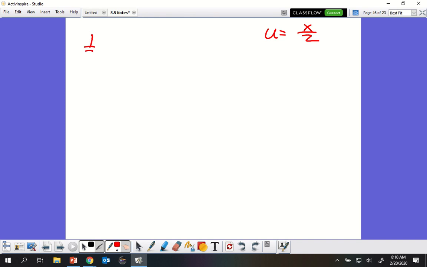So I have 1/2 times the integral of 1 over the square root of 1 minus U squared, right? Yes? Okay, so let's find du. So du is equal to 1/2 dx. Okay, so what am I replacing my dx with in this case?